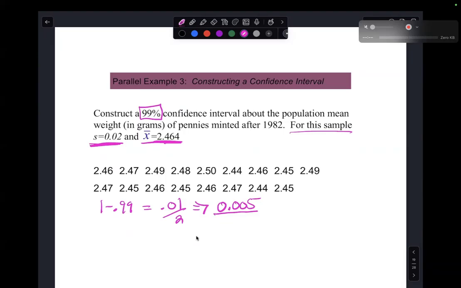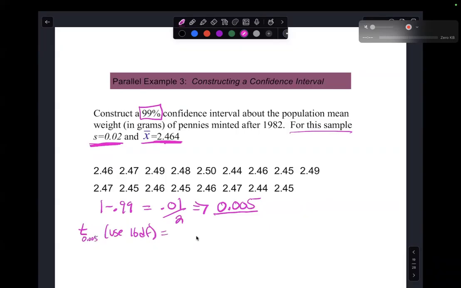My sample is 2, 4, 6, 8, 10, 12, 14, 16, 17. So I'm going to use 16. I'm going to look for the t-value using 16 df and 0.005, with 16 degrees of freedom.